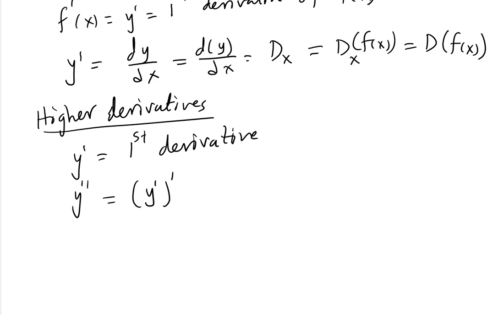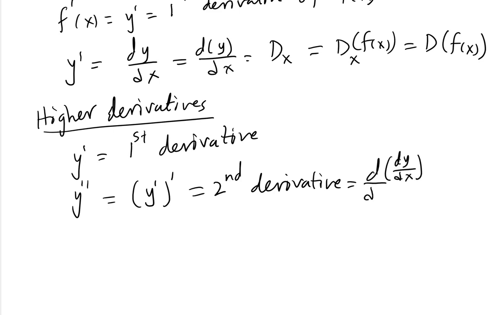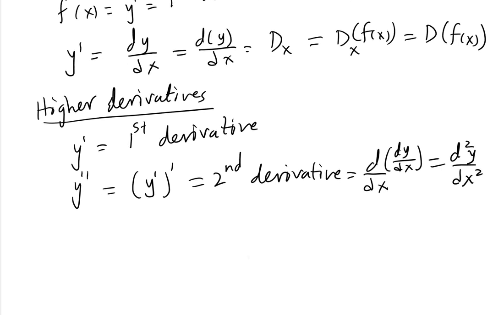So if you take the first derivative, find its derivative, you get the second derivative, which can be written as d squared y dx squared. That's the notation for the second derivative.